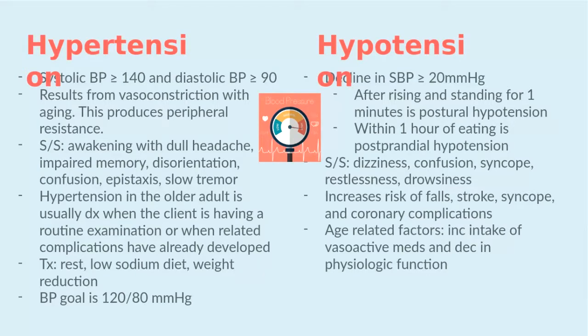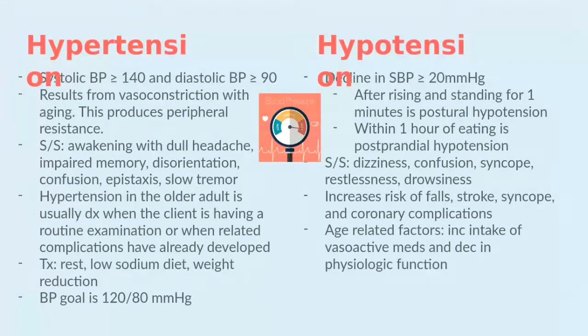Some signs and symptoms of hypertension are awakening with a dull headache, impaired memory, disorientation, confusion, epistaxis, and slow tremor. In terms of diagnosis, hypertension is usually diagnosed when the client is having a routine examination or when related complications have already developed.